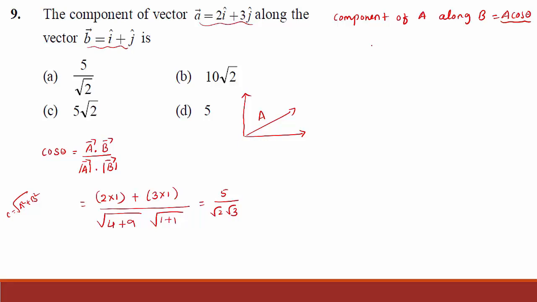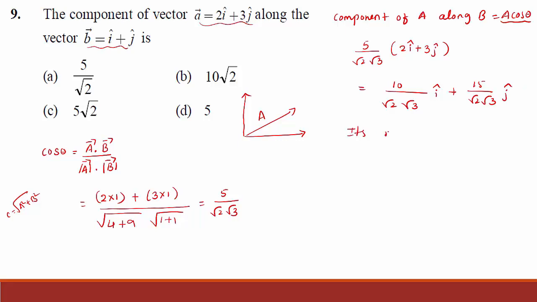That means I can write here 5 divided by root 2 into root 3 into vector A, 2i cap plus 3j cap, which is equal to 10 divided by root 2 into root 3 i cap plus 5 3s are 15 divided by root 2 root 3 j cap.